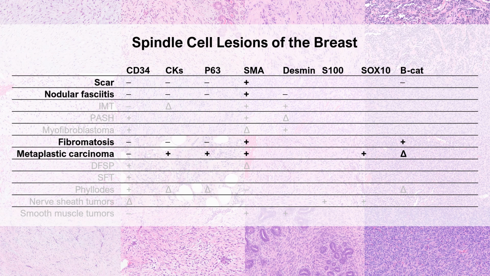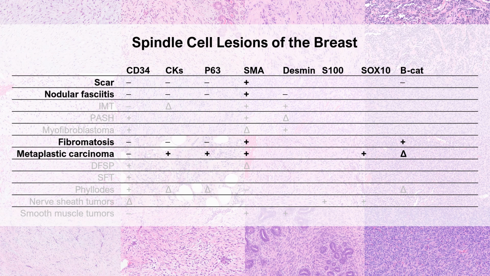When we turn to immunohistochemistry, by far the most important distinguishing features here are the application of a panel of cytokeratins and P63. We'll note that all of the lesions that we've just reviewed are going to be negative for CD34, of course, positive for SMA.